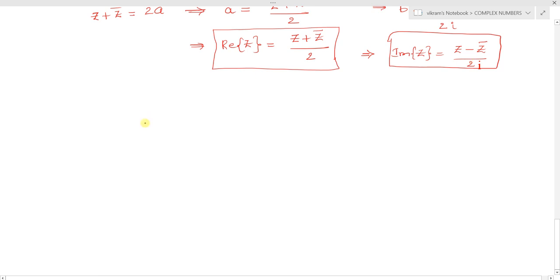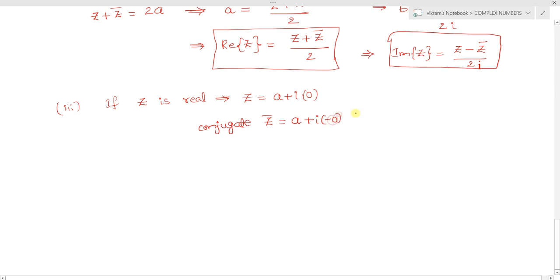Now the third one: if z is a real number. When is a complex number said to be real? If it is real, what happens? Real means I am considering z equals a plus the imaginary part is 0. Then what is its conjugate? The conjugate of z is obtained by simply changing the sign of the imaginary part.